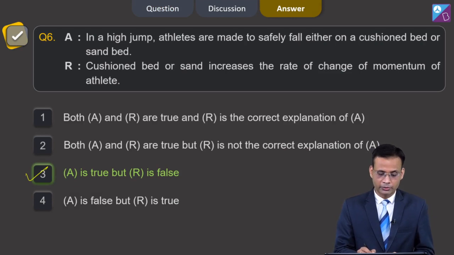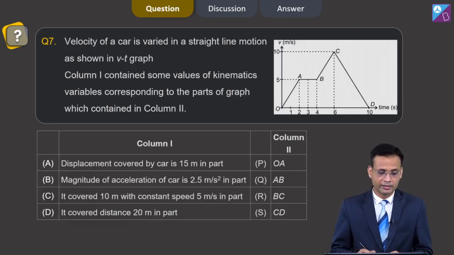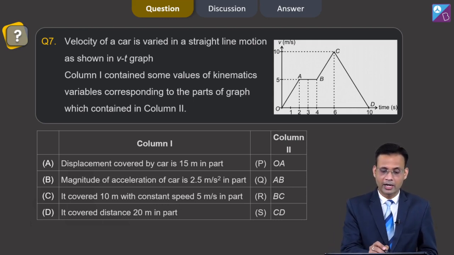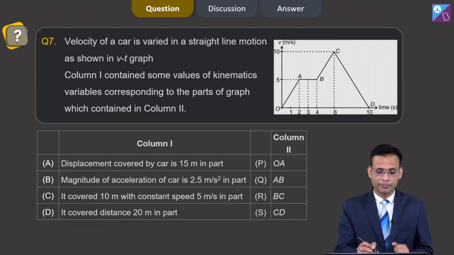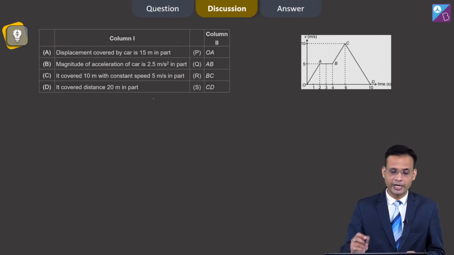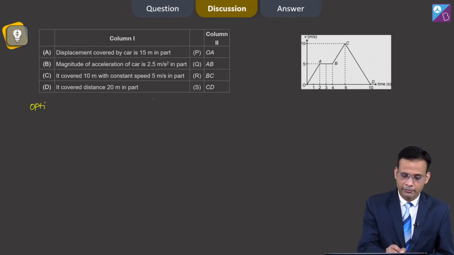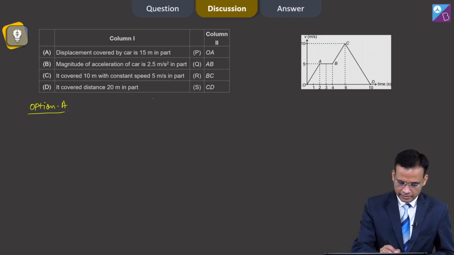Now, let us move on to our next question, which is question number 7. This is a match the column type question, and it states that velocity of a car is varied in a straight line motion as shown in the v-t graph. So, column 1 contains some values of kinematics variable, and we have to match the data with our column 2. So, let us begin with our option A, and if you look carefully at the graph, then the displacement in part BC.